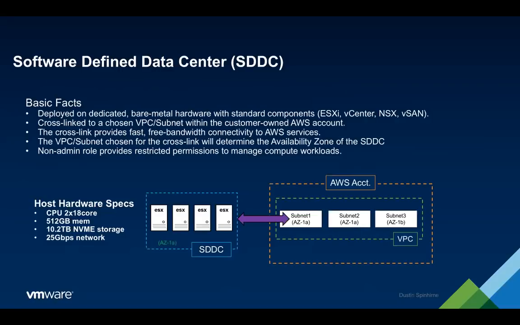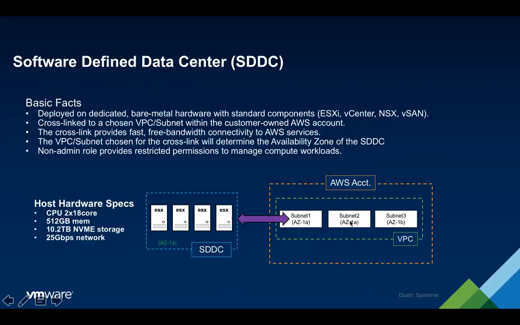Now, because we want to be able to provide SDDCs zero-charge bandwidth, for the subnet that you choose for this linking, we look at the AZ of that subnet, and then we deploy the SDDC within that same AZ. That ensures that the traffic between the SDDC and the subnet is not incurring any sort of charges.